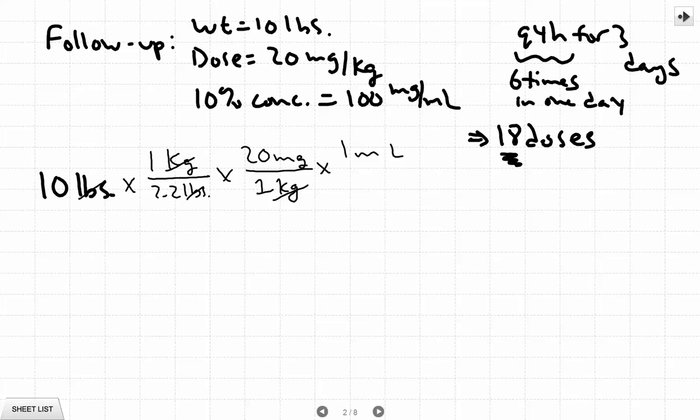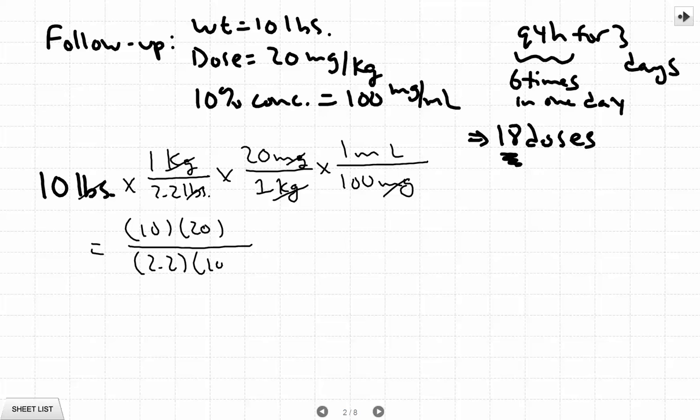And we know 1 milliliter contains 100 milligrams of the drug. So that's what this looks like for a single follow-up dose. In my numerator, I have 10 times 20. In my denominator, I have 2.2 times 100. So this gives me 200, and this gives me 220. And that, of course, is going to be in milliliters.